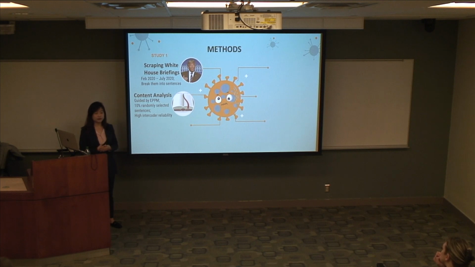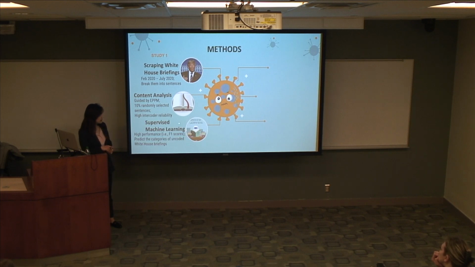Then I worked with undergraduate students to code 10% of the randomly selected sentences. And after we achieved high intercoder reliability, we used these coded sentences as a training data set for the next step.